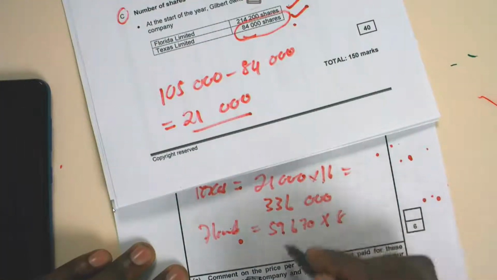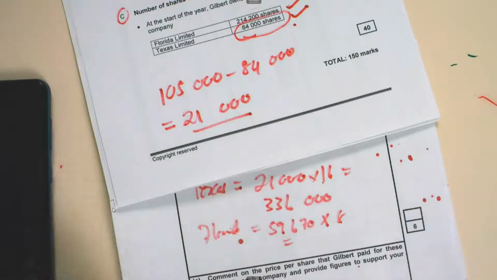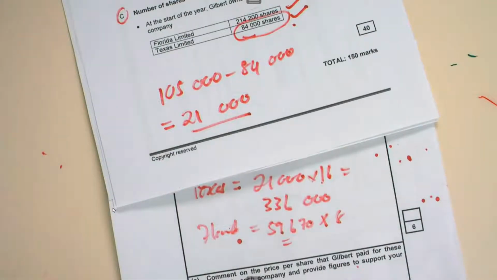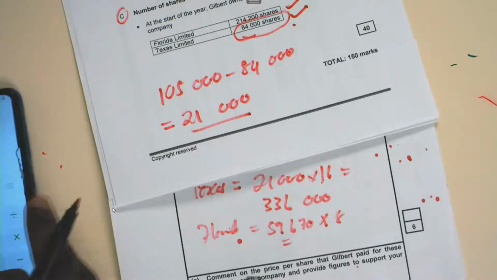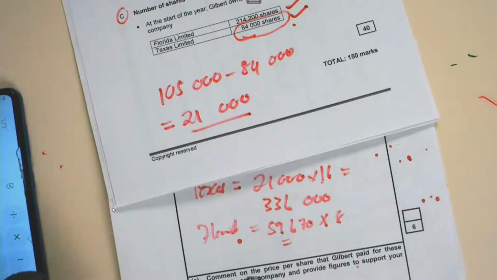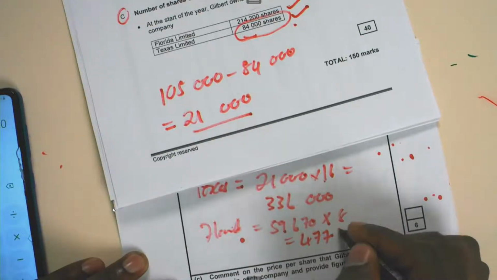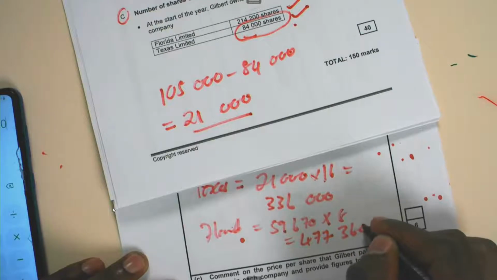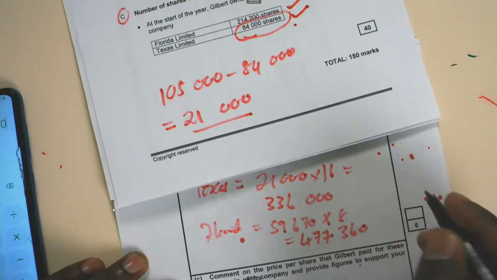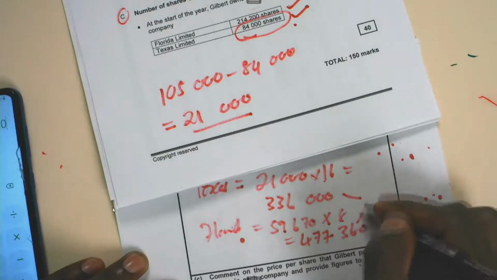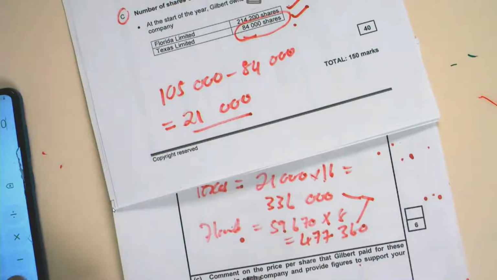We are going to say 59,670 multiplied by 8, which gives us 477,360.